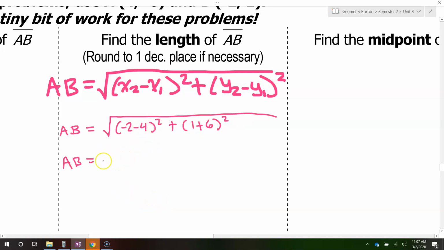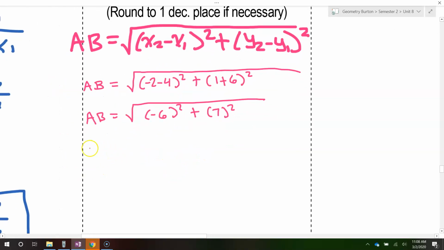But if I were doing this by hand, it would look like this. Negative 2 minus 4 is negative 6. So this would be negative 6 squared plus 7 squared. So that's going to be positive 36.